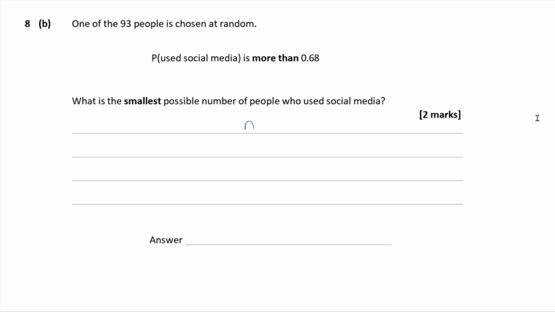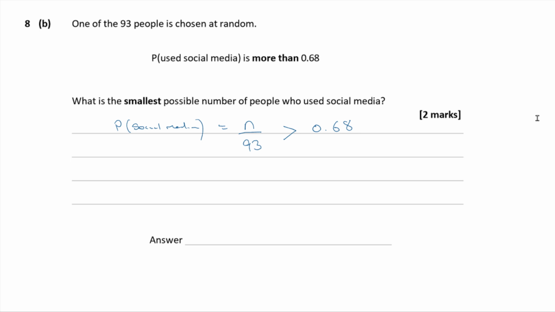Then n divided by 93, the probability of using social media, is the n people who use social media divided by the 93 people who were the sample we were picking from. And we know that has to be more than 0.68. So we've formed an inequality in n here.